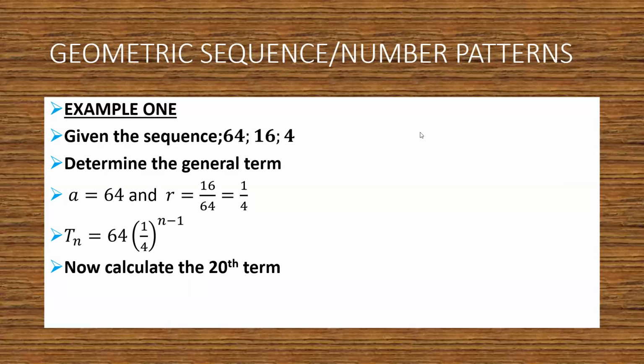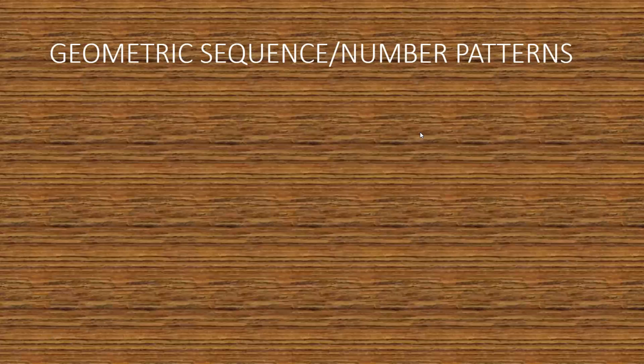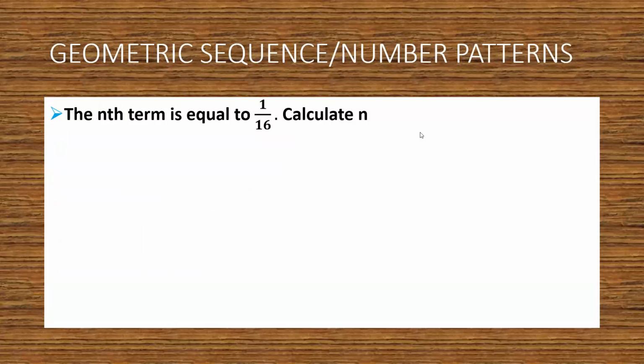How would you calculate the 20th term? I would substitute 20 into n. Now when you substitute 20 into n, you will simply have 64 times 1/4 to the exponent of 19. We still good? Yes. And that will give you the final answer.